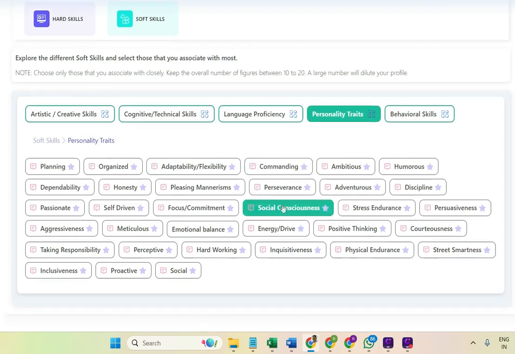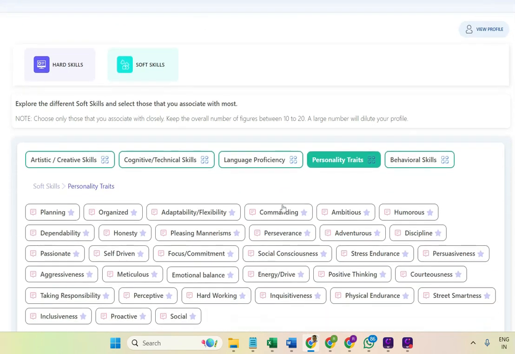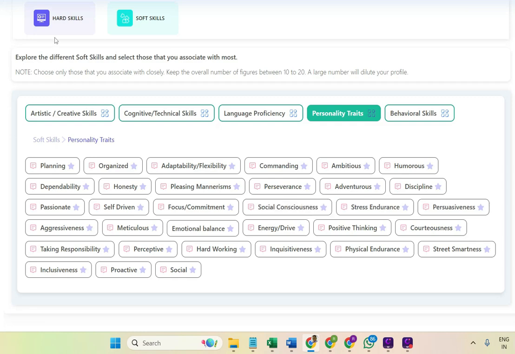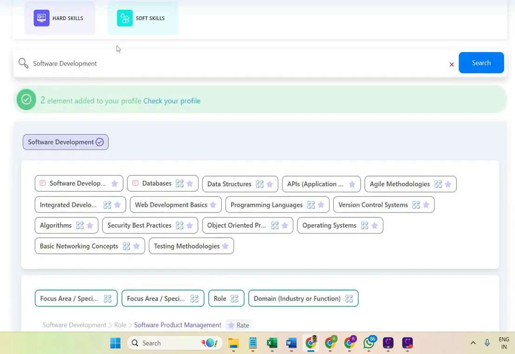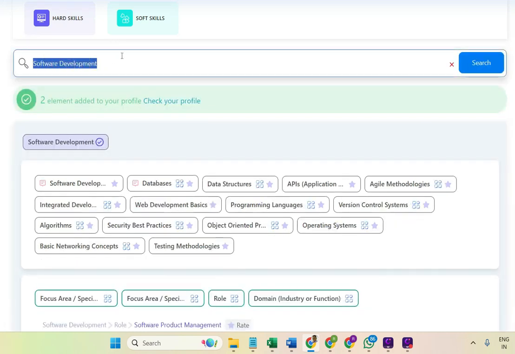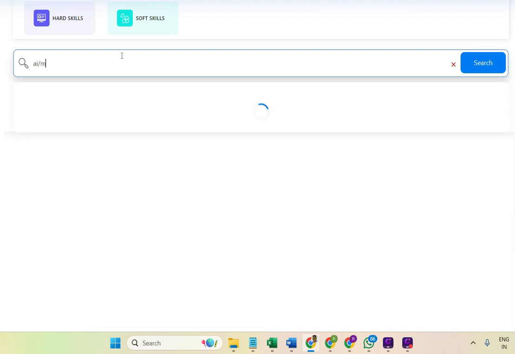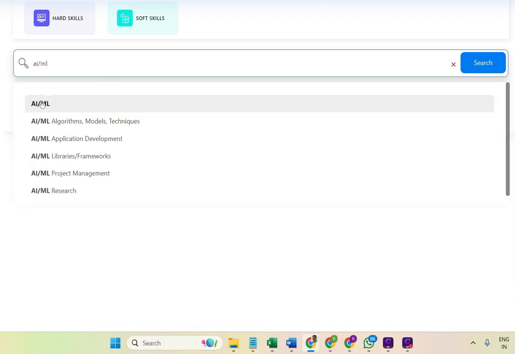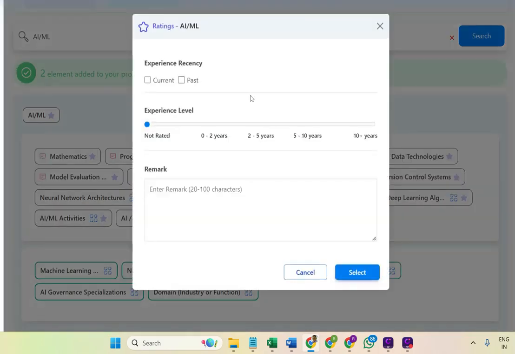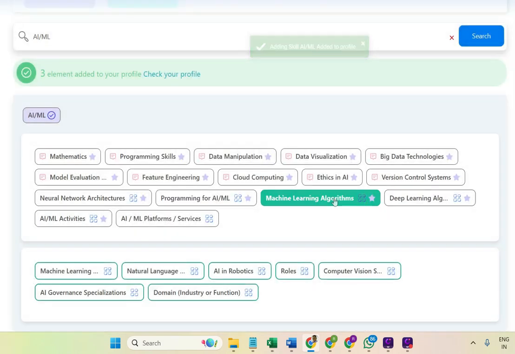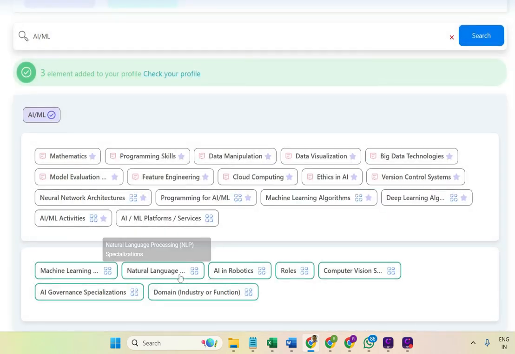So this is the way it is done, and this structure can slightly vary from industry to industry or by a particular area, right? For example, if we take AI/ML, it would be slightly different because it's more focused. It could also be on the specialization within AI/ML, whether it is machine learning, natural language, computer vision, or AI in robotics, and so on.